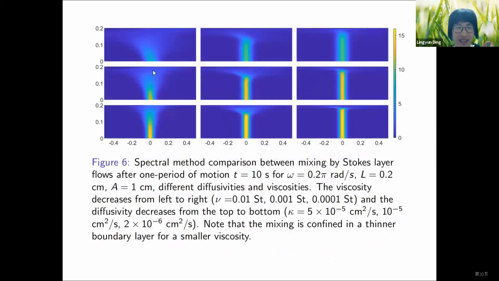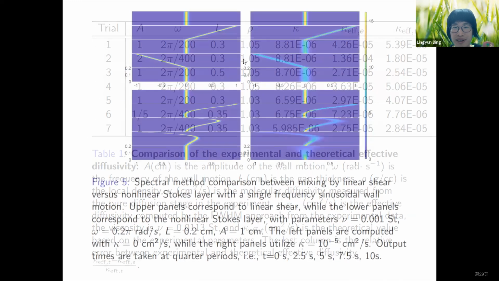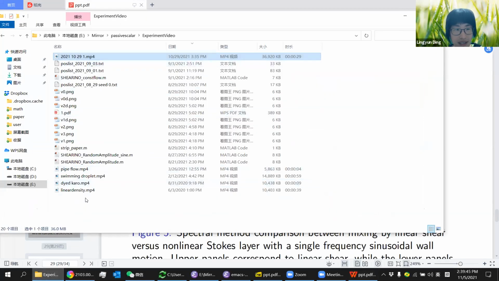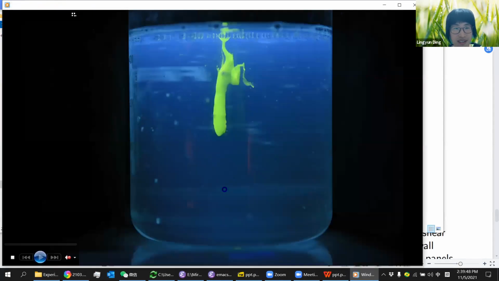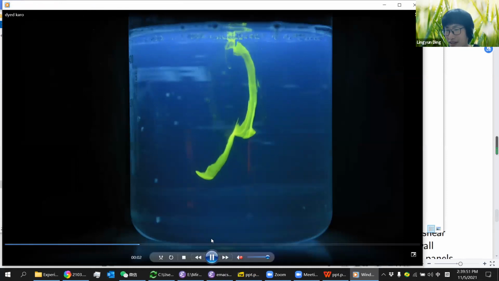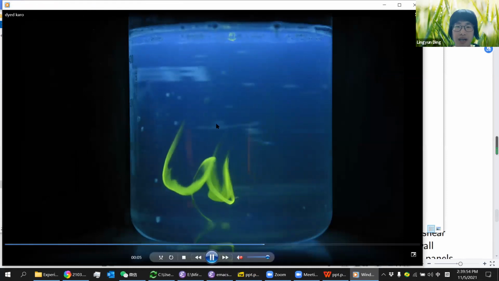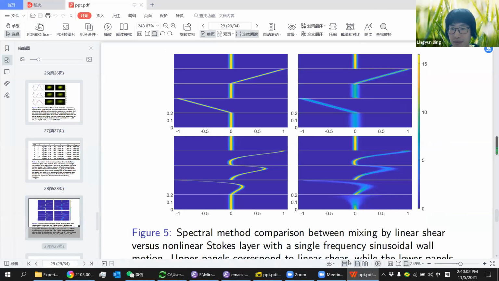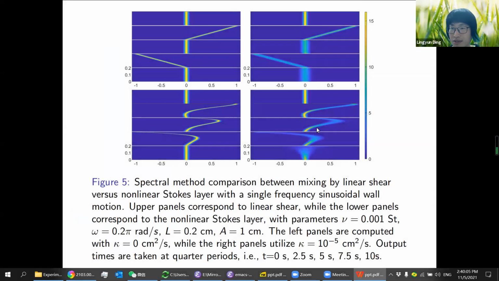Oh yeah, probably you might be curious about the meaning of this density. We had a difficulty in the experiment. As we saw in this video, there is some uncontrollable convection inside the fluid. The question is, how can we eliminate this convection? The method we use in our experiment is a linearly stratified fluid.